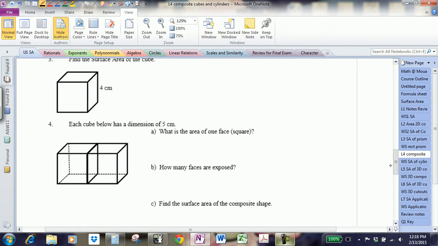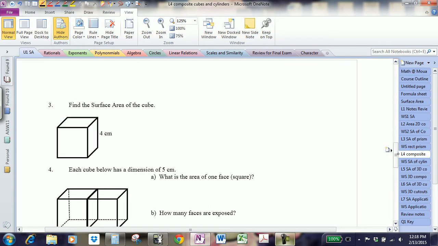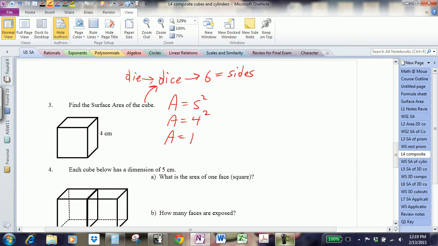Okay. Next. This is a little bit like review of our homework. We have a cube. How many equal sides on a cube or on a dice? And singular is die, by the way. Yeah, we have 6 equal sides. So the area of one square is 4 squared, which is 16, 4 times 4.